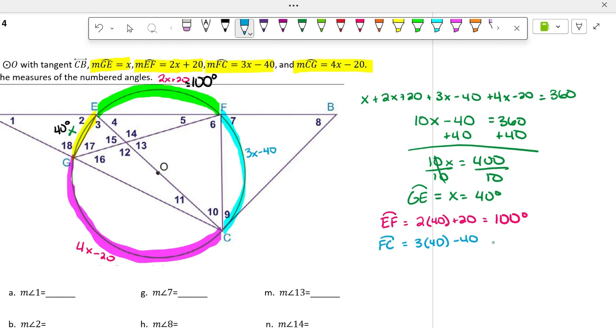So that's 120 minus 40, which is 80. So that'll be 80 degrees. And then finally, GC or CG, however you want to put it, it's 4 times 40 minus 20. 4 times 40 is 160, minus 20 is 140 degrees. So that's 140 degrees.